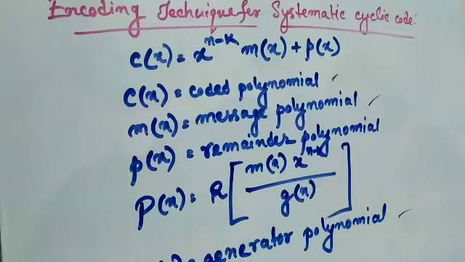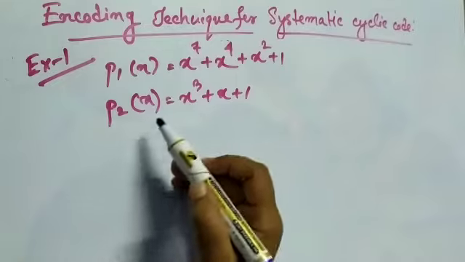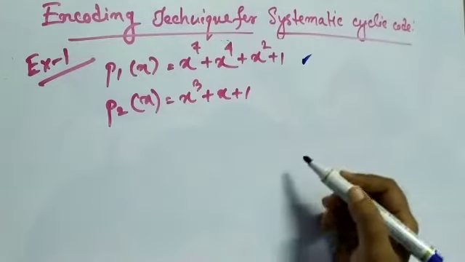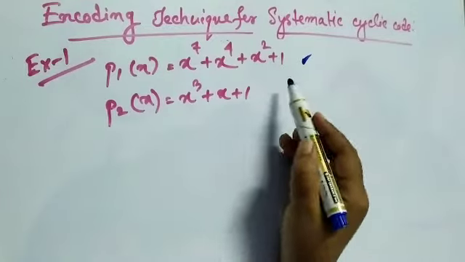Now before we go through the topic, first we should know how we can find the remainder polynomial after a polynomial division. So first I will discuss polynomial division. This is an exercise. Suppose two polynomials are given to you. One is p1x, x to the power 7 plus x to the power 4 plus x square plus 1.